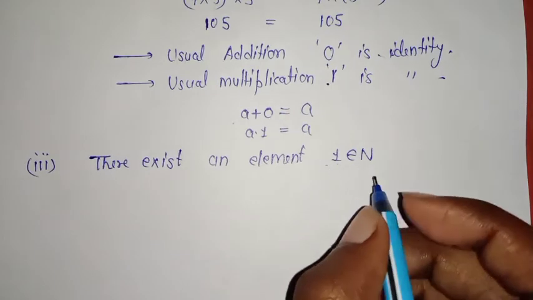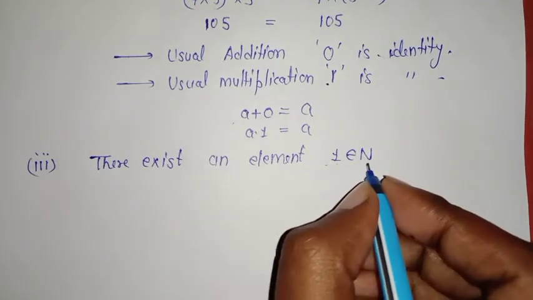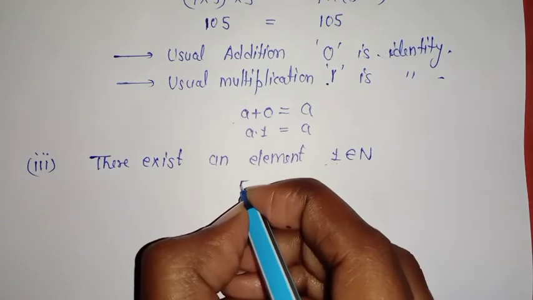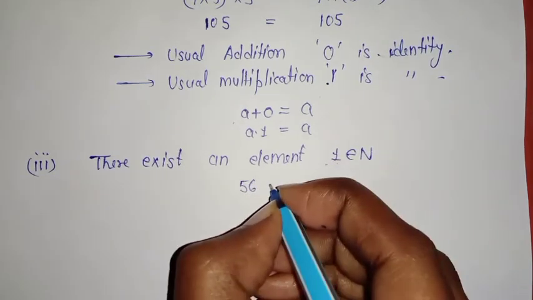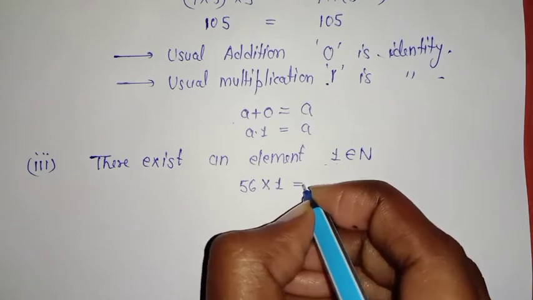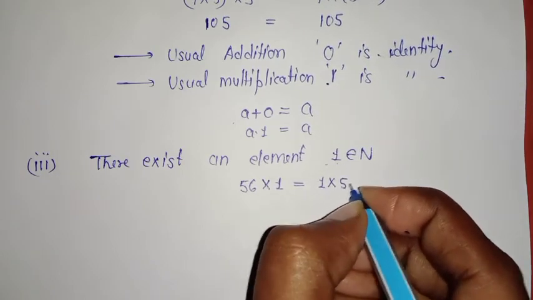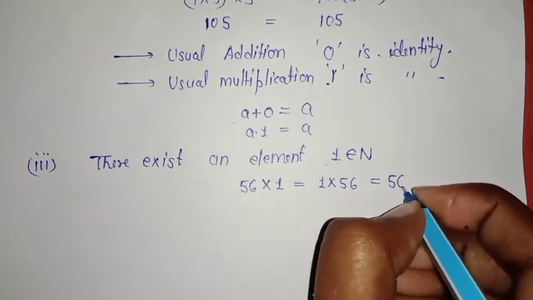So if we take any element of this set of natural numbers, suppose I am taking 56, then if we multiply this 56 by 1 or 1 by 56, we will always get 56. So it is satisfying the condition.